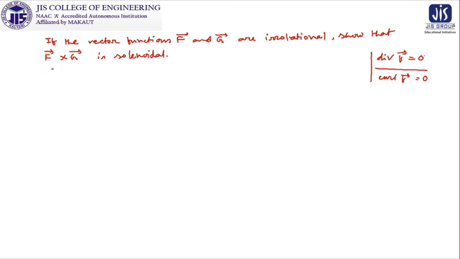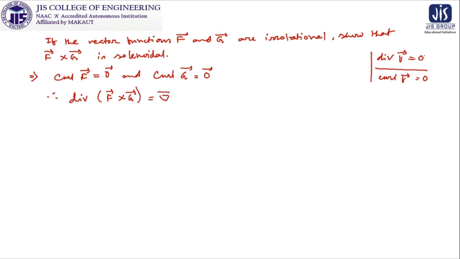So what is given, f and g are irrotational, we can say that curl of f is equal to 0 and curl of g is also 0, where 0 means null vector. So our job is to show that f cross g is solenoidal, means our job is to show that divergence of f cross g is 0.